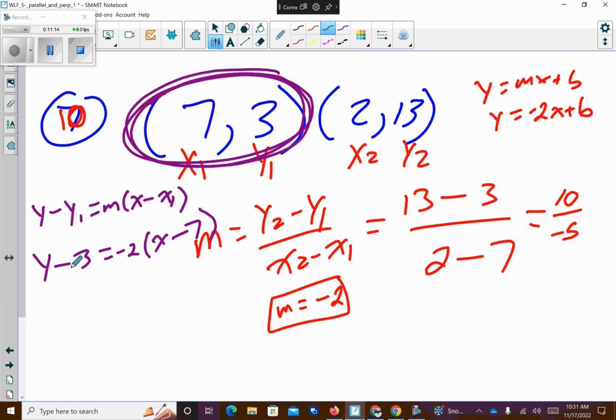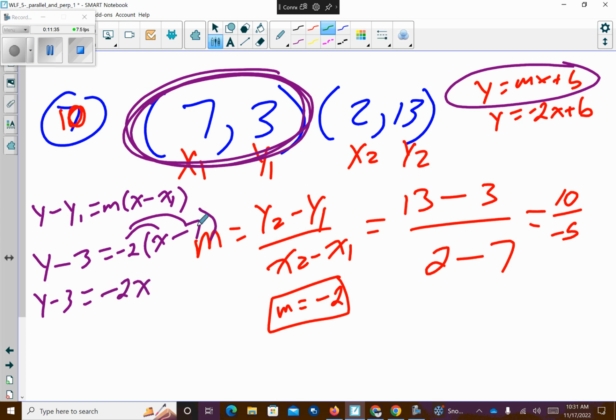How do I make this equation start looking like y equals mx plus b? Get rid of the parentheses. So y minus 3. Negative 2 times x is negative 2x.